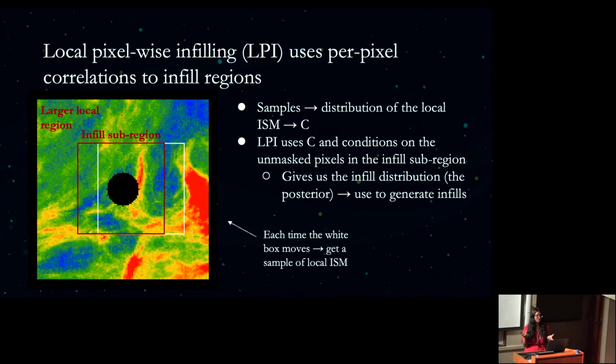This is what we term the covariance matrix C. LPI then uses this matrix and conditions on the pixels that are outside of that masked region that you see and inside of that red cutout of the infill subregion. Together with those two pieces of information, with the conditioning, we're able to recover the infill distribution, and we use that to generate various infills.